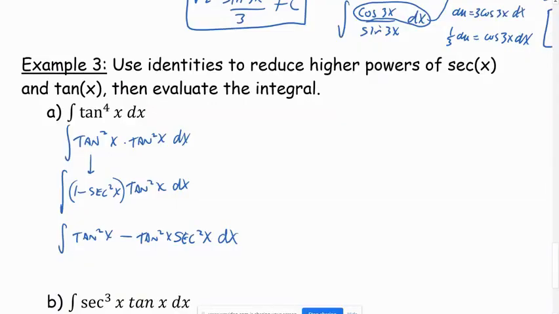In this step, when I did this substitution, I actually have this backwards. This would be secant squared minus 1. I'm sure some of you caught that. So it's not 1 minus secant squared, it's secant squared minus 1. So then when I distribute here, it's going to be secant squared x tangent squared x minus tangent squared x dx.